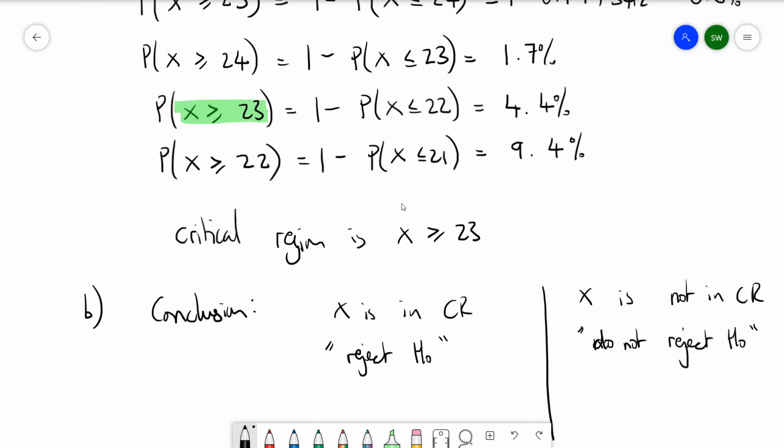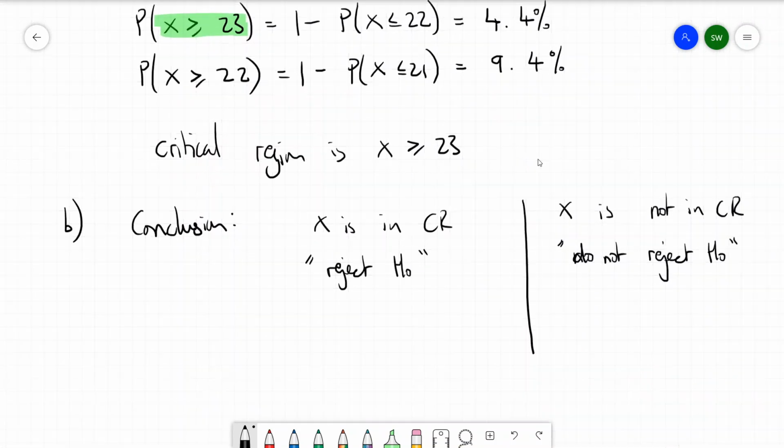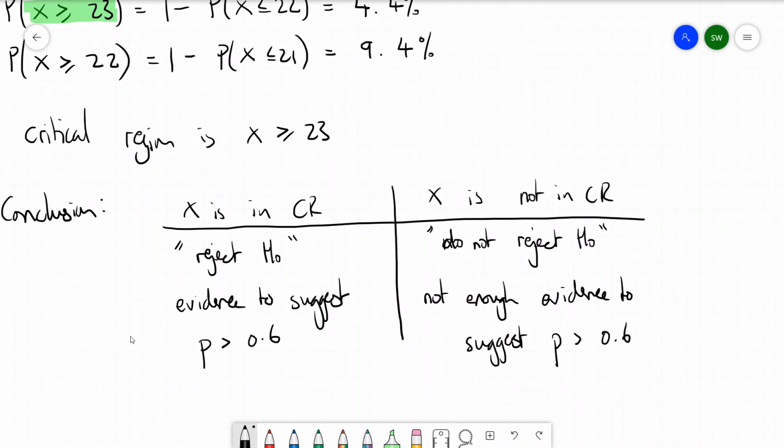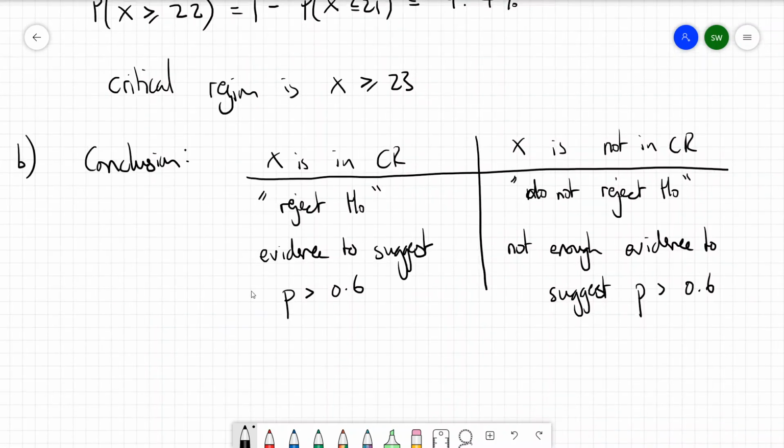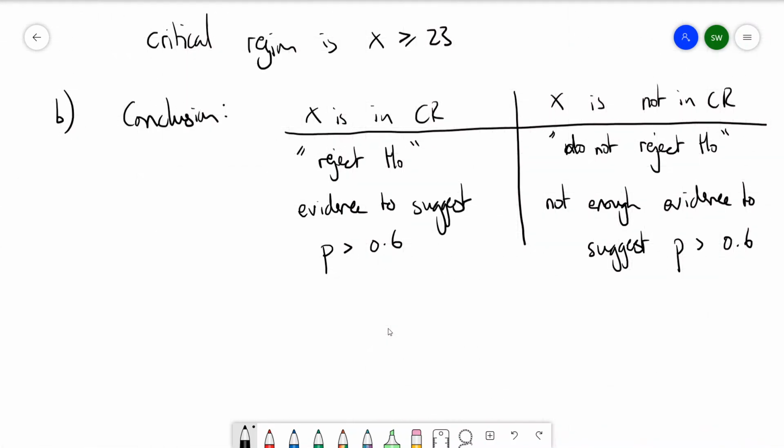If x is in the critical region, so x is greater than or equal to 23, then we will reject h0. Remember that if x is in the critical region, then we reject h0. And if we do reject h0, then we're going to say that x was big enough, because it's in our critical region, and therefore there's enough evidence to suggest that the probability of success is more than 0.6.